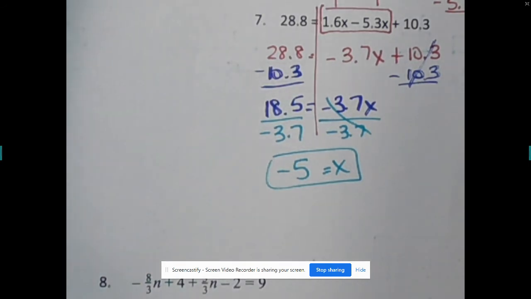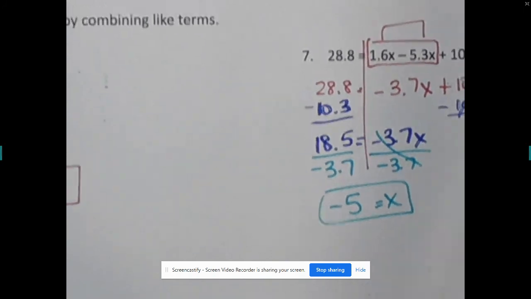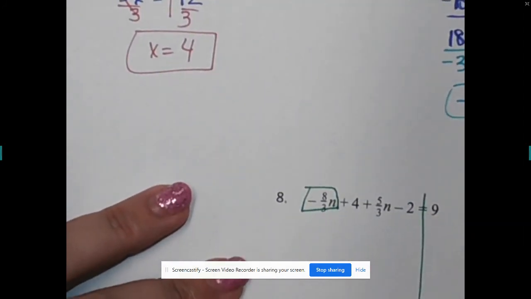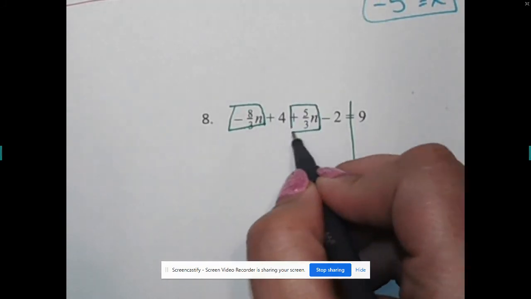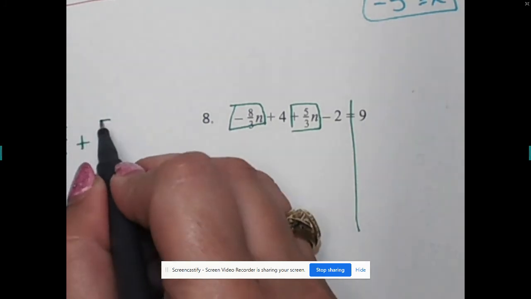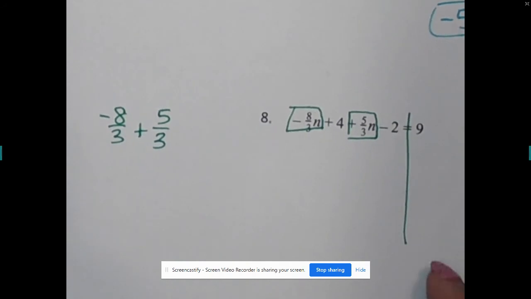All right, last one. Is there anything to combine? Anybody? Negative 8/3 n. What else? Plus 5/3 n. So negative 8/3 plus 5/3. You probably don't even need a calculator because this has common denominators.